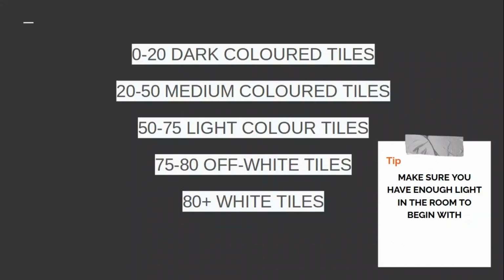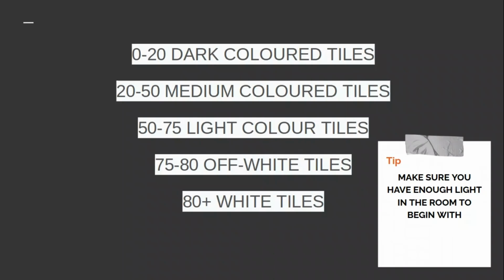So when we think about LRV, I categorize it here based on different values. I mentioned they go from 0 to 100. And we're going to be talking now more about the tiles. Dark colored tiles are going to have LRV values between 0 and 20.